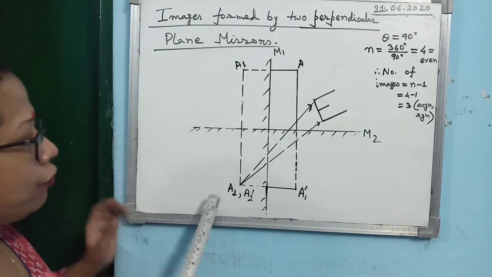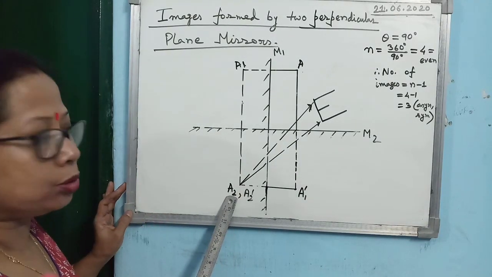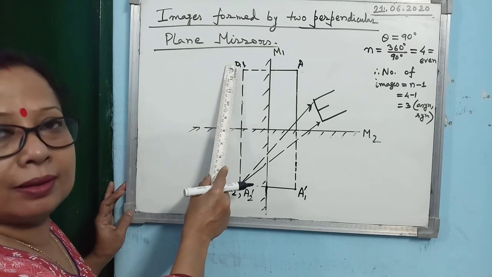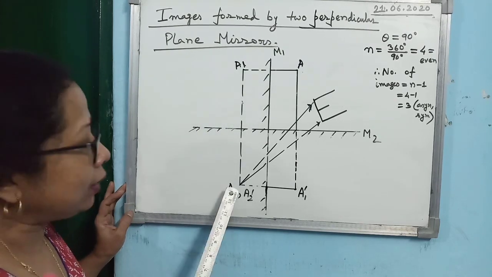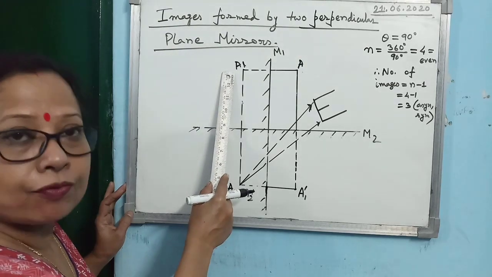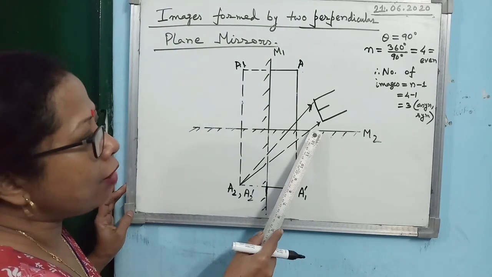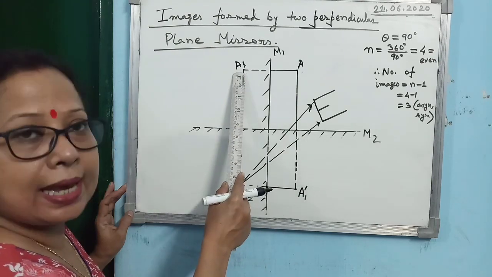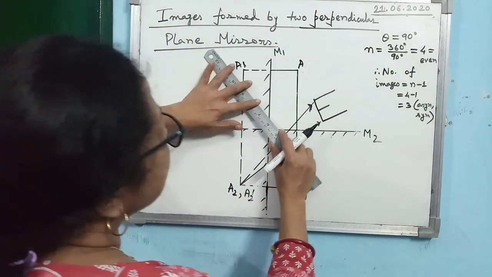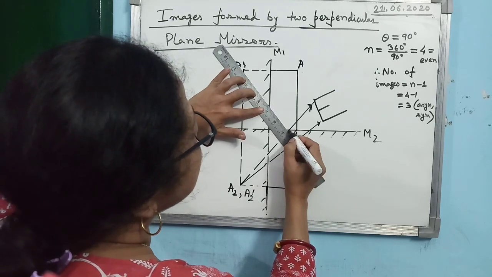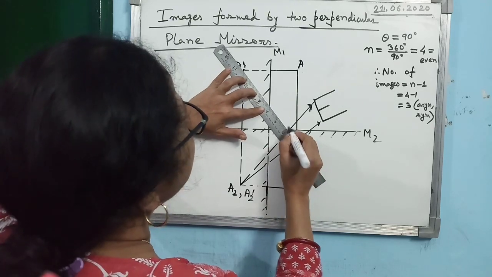Now you see, if you consider the image A2, then A2 is the image of A1. A2 is whose image? A2 is the image of A1. So with what do you have to join these 2 points? You have to join these 2 points with A1. So hold your scale so that you can join with the point of intersection. Take care while joining.